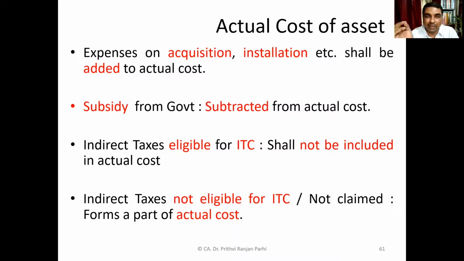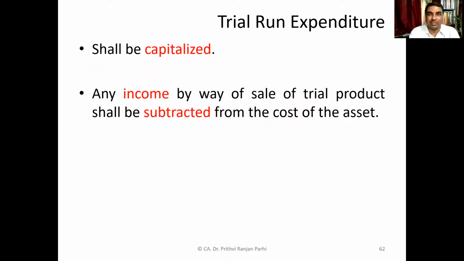But you will be able to get depreciation only on 1 lakh rupees. Indirect taxes which are not eligible for ITC or not claimed form a part of actual cost. If you do not claim ITC or for some reason you are not eligible for ITC, then indirect tax can be included in the value of actual cost.